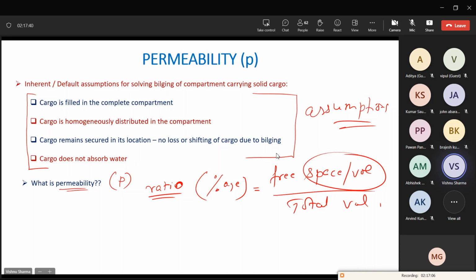Is that clear, beta? Yes, sir. Okay, guys, permeability is clear. It represents the free space or free volume which is not occupied by cargo where the water can come in, right? Right. Clear?